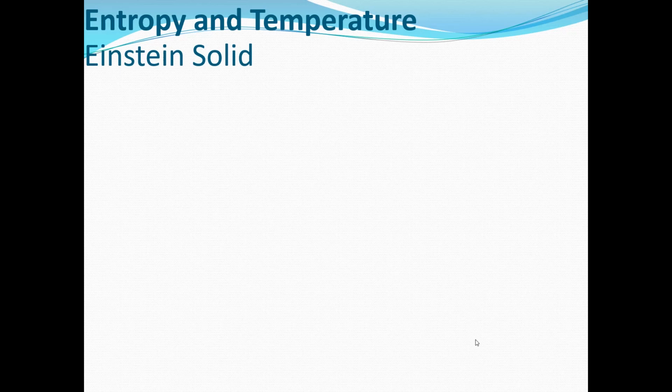Much like how for the binary system, I gave you that the multiplicity function was n factorial over n1 factorial times n2 factorial. And then from there, you used something like the Stirling approximation to estimate that using a Gaussian form, and then from there, we found the entropy equation.